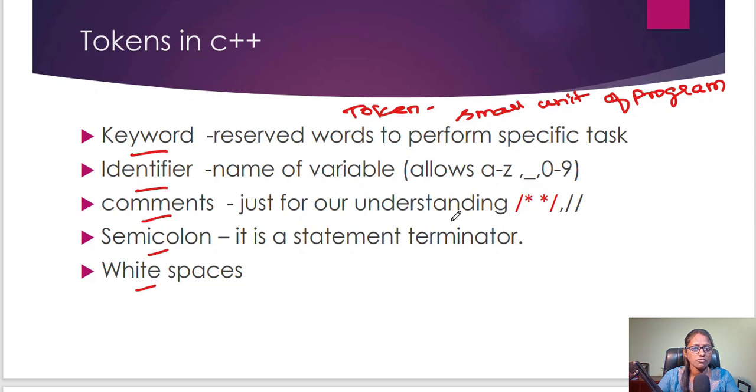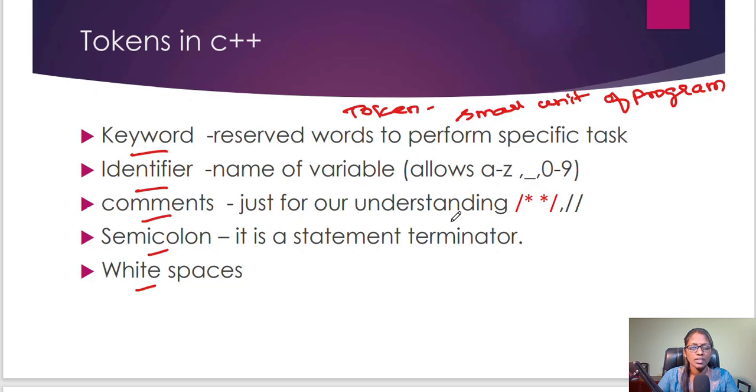A keyword is a reserved word to perform a particular specific task. To perform a specific task, we reserve a word. So main is a reserved word, which indicates to the system that the program starts from there. So keywords are reserved words to perform a specific task.